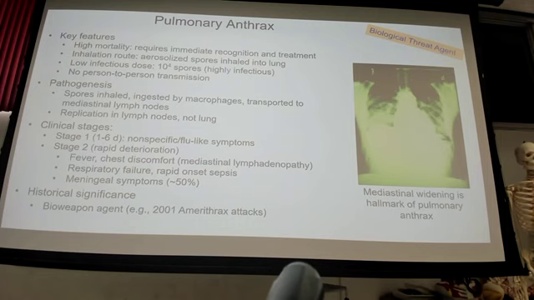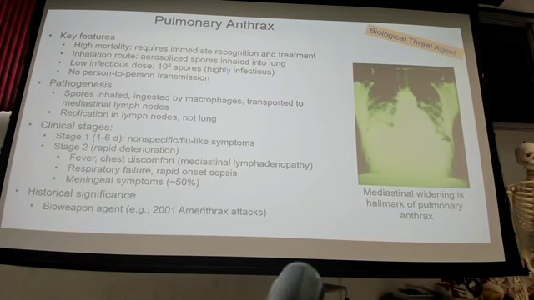This is around the time that you'd start getting some pretty severe symptoms. So within the first 6 days, you might get some non-specific flu-like symptoms. And during that time, you have germination going on, which takes some time for bacteria to germinate, like I said. But you also have replication going on, and you have toxin production going on. By the time you have sufficient bacteremia in the lymph nodes, in the middle of that chest, so the mediastinal lymph nodes are sort of in between the lungs by the heart, an area that has a lot of vasculature and a lot of blood vessels.